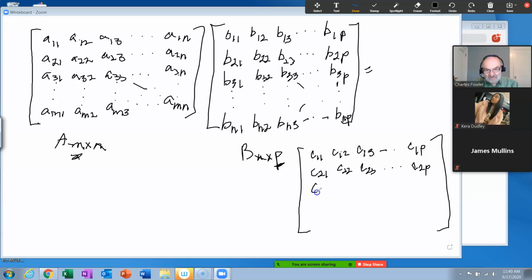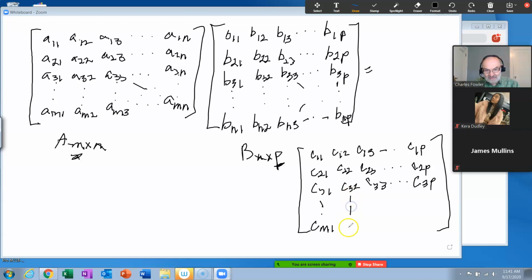This will be C31, C32, C33, dot, dot, dot over to C sub 3P. And then this dots on down to, and this has to wind up with C sub M1.